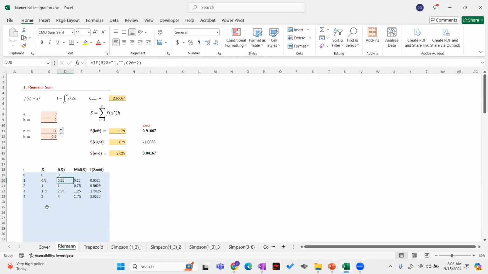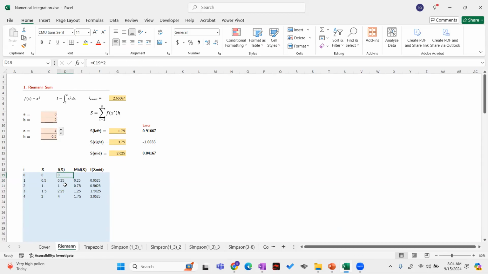For the left sum, you need to do h times, which heights will you take? You'll take this one, this one, this one, this one. We have 4 rectangles, right? And you only take the left one. So this is my first interval from 0 to 0.5, correct? x0 to x1, I have y0, y1.